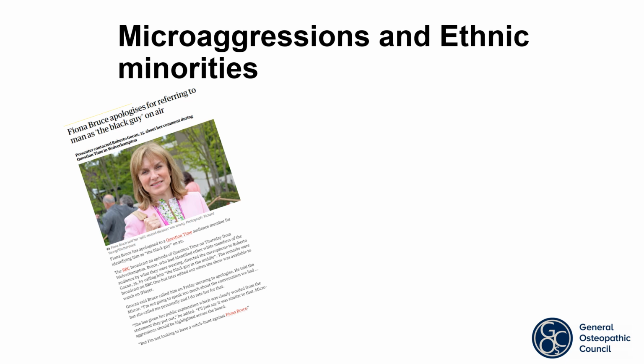So in this particular example, we have a broadcaster, TV presenter, journalist, Fiona Bruce, who was presenting a program, calling people from the audience to put their questions, and had called a number of people from the audience to put their questions, who in this context, it's important to say, were white.